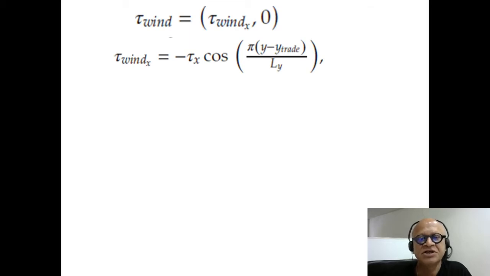So in that case, the approximation can be made that the latitudes over which the winds are changing is given by the meridional scale of Ly.